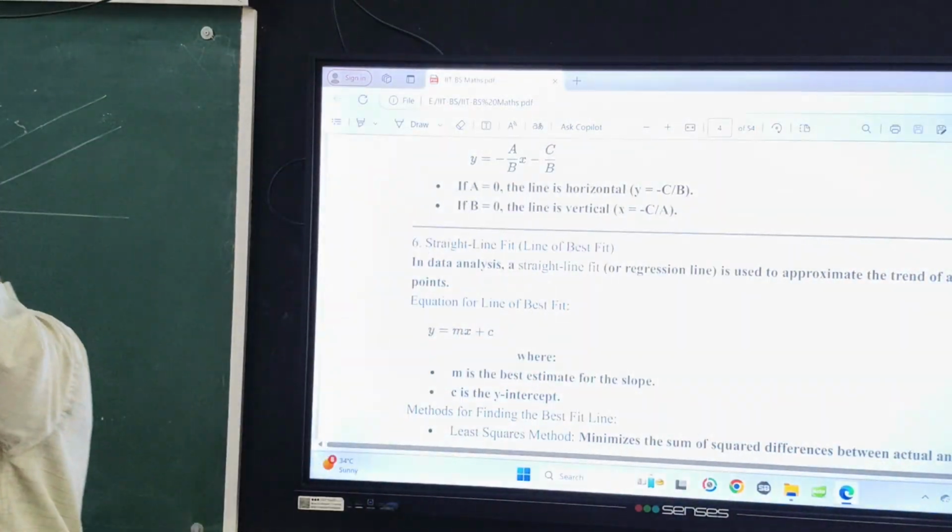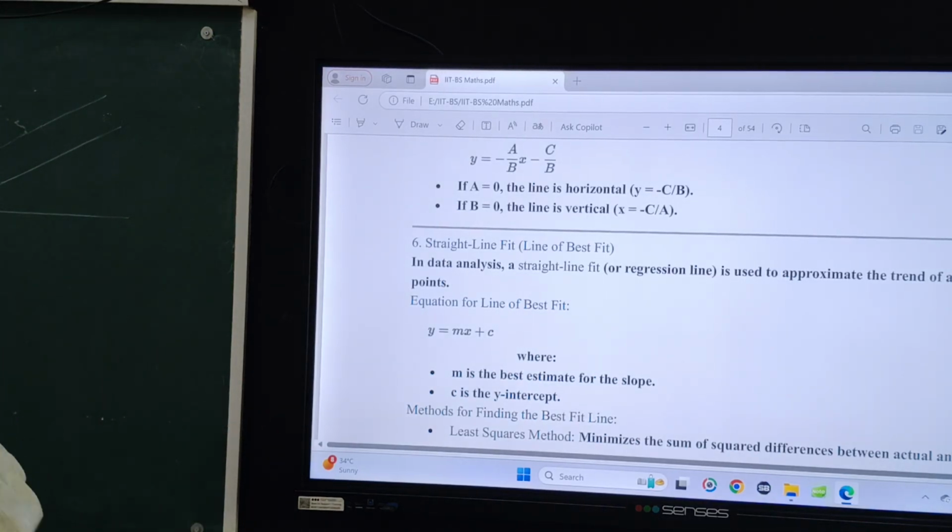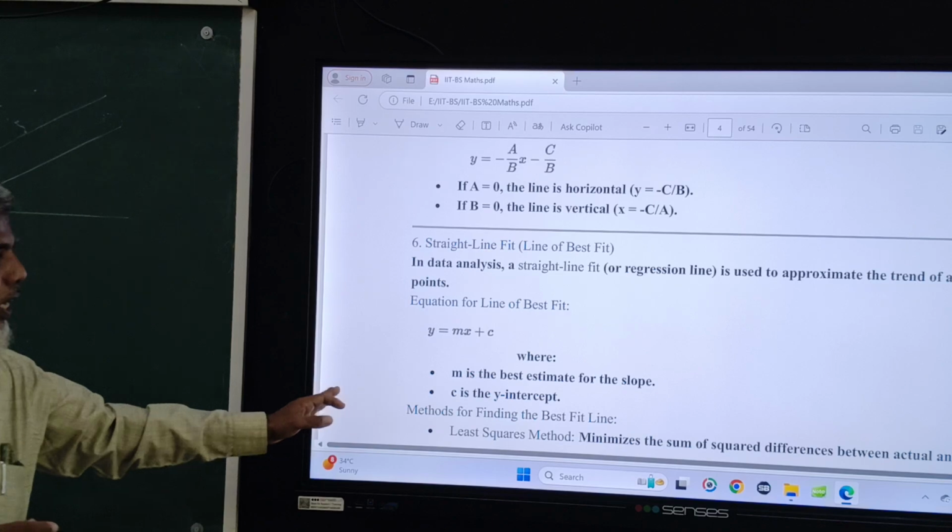What is the least square method? Finding the actual value and the approximate value, the difference will be very, very minimum. That is, the minimum of the errors, or the original value minus the actual value is minimum. That is the least square principle. So least square principle you already studied.